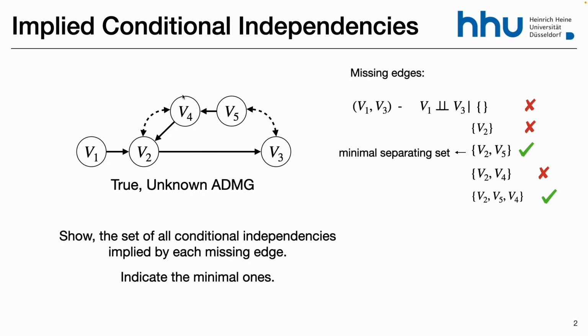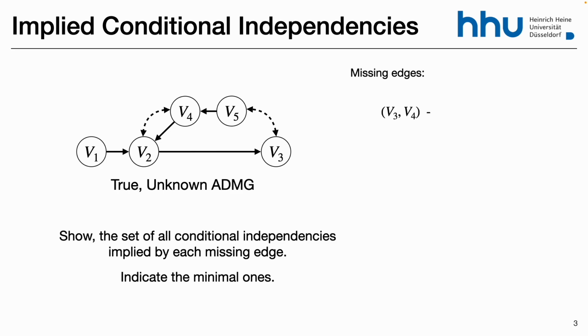Right, and I don't need to block another, to make another triplet inactive. I just need one. Right, okay. So now 3 and 4. What do you think about 3 and 4? We need V5. Is it the only one that we need?